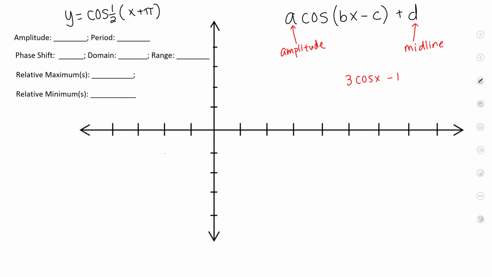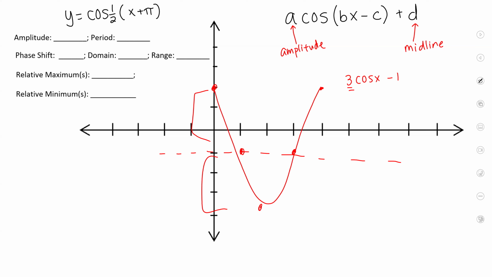Your midline would be right here, and your amplitude is 3. So you would be here, here, here, here, and here. That would be your cosine graph. Your amplitude is 3 spaces away from the midline. Your midline is at -1, and you would graph it from 0 to 2 pi.